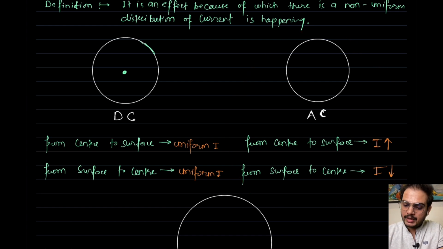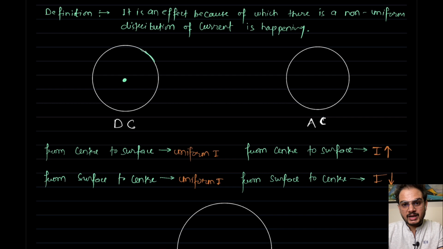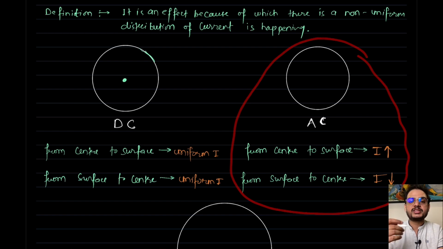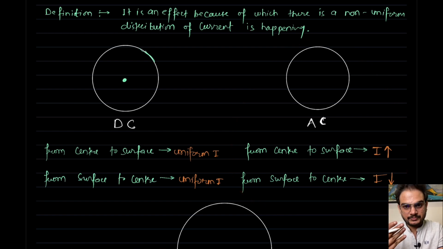Now why, from center to surface, is my current increasing, and from surface to center decreasing? This is all happening because of non-uniform distribution of flux linkages. Whenever I am exciting my conductor with alternating supply, the conductor will experience non-uniform flux linkages.